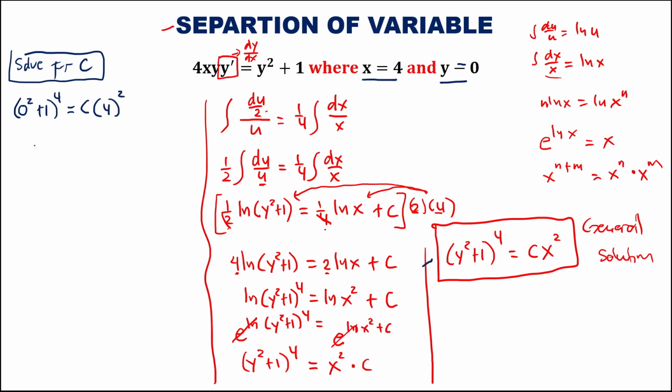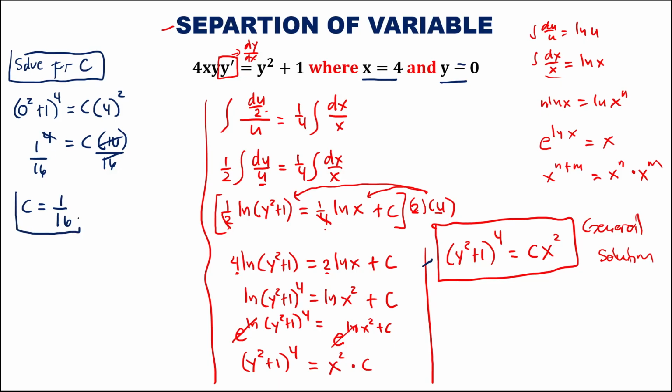And 0² + 1 is 1, so 1 to the power 4 equals c times 4², this one is 16. Then divide by 16 to solve for c. So therefore, c equals 1 over 16, because 1 to the power 4 is equal to 1.